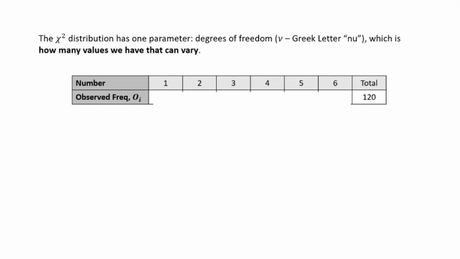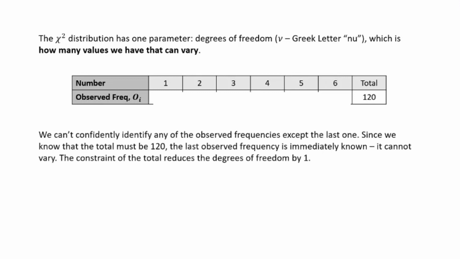There are restrictions or constraints that we might need to consider that have a direct impact on how many values can vary, or how the values can actually vary. So one of those restrictions, and the most popular restriction, is the fact that we know what the total of the numbers is going to be.